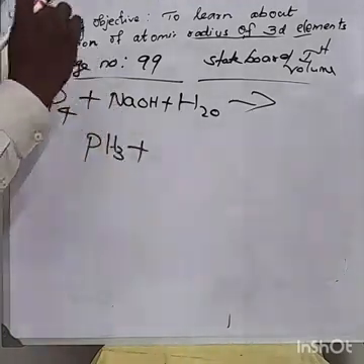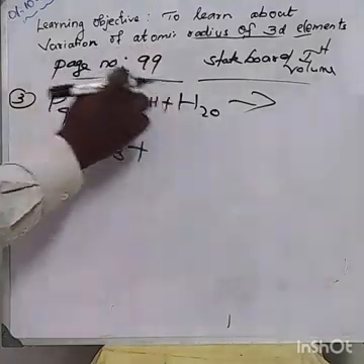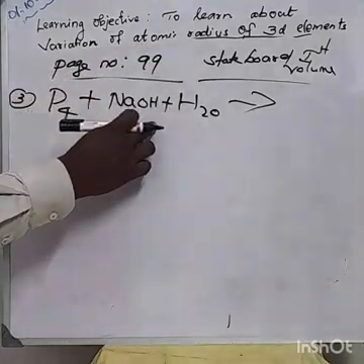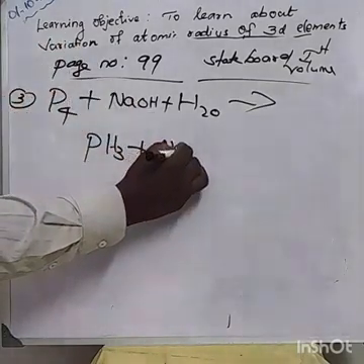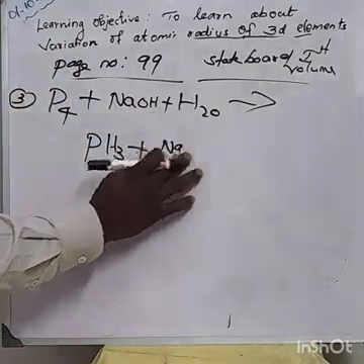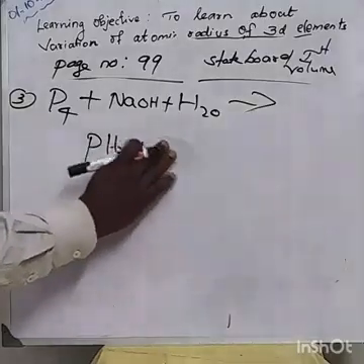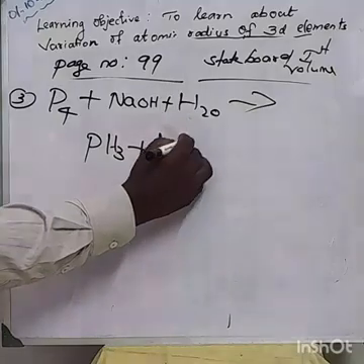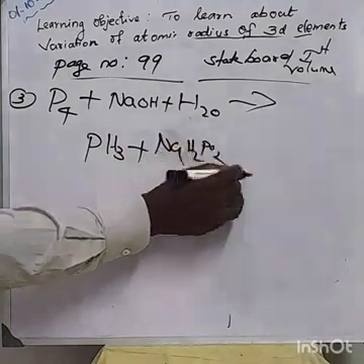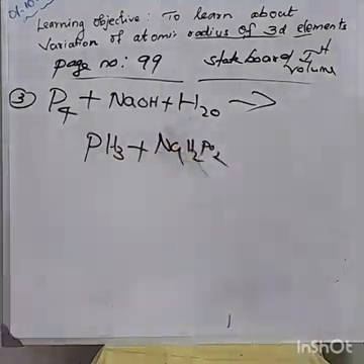Sodium combines with hydrogen, phosphorus and oxygen to form sodium hypophosphite. What is the formula? NaH2PO2. Okay, NaH2PO2.